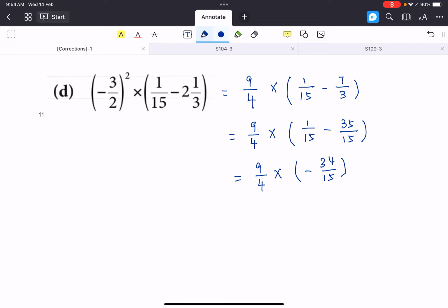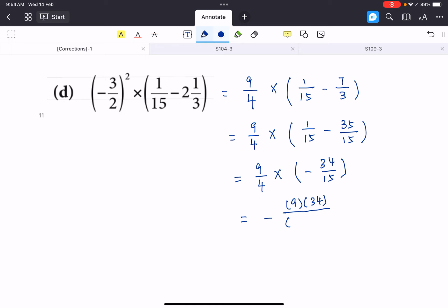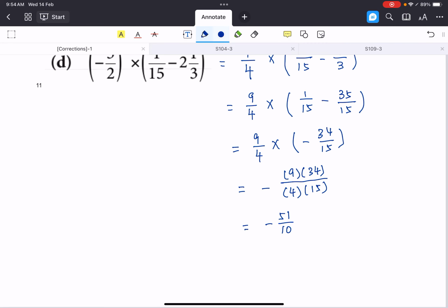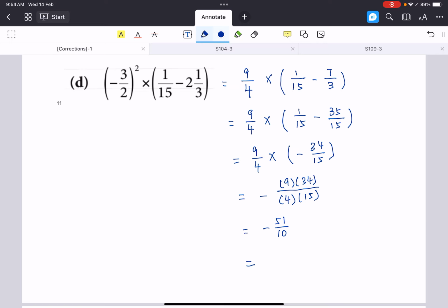And simplifying this will be negative, 9 times 34 in the numerator, 4 times 15 in the denominator. Okay, and then we simplify this. We get negative 51 over 10, and that of course can also be written as negative 5 and 1 over 10.